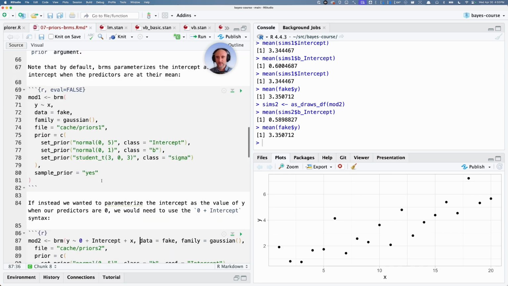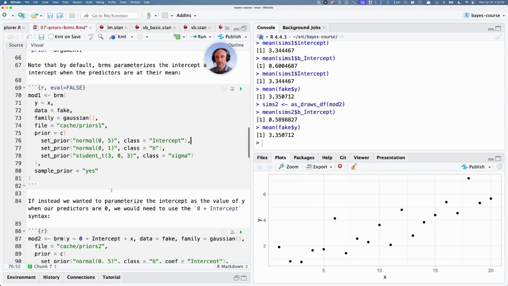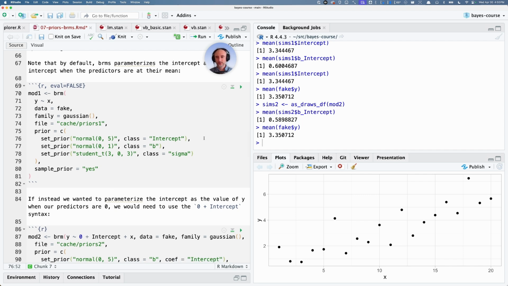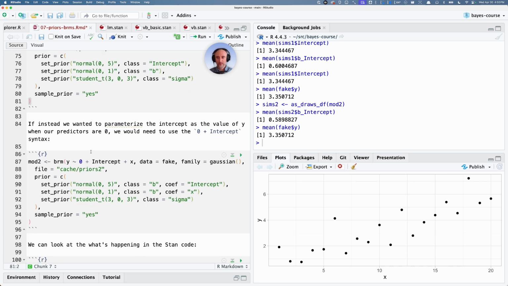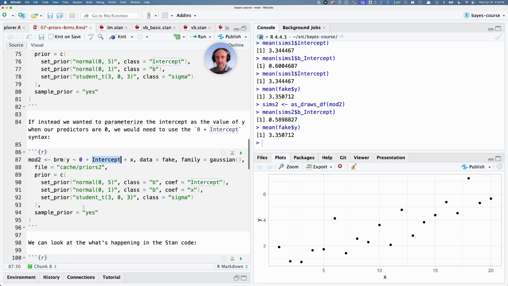The way it's done in brms is to make it more robust to people not thinking about the prior on their intercept, so it makes the scale of that more generally applicable to a normal prior. You don't have to think as much about it, but if you're willing to center your data first and you want to know what's going on, I would suggest explicitly specifying the intercept.